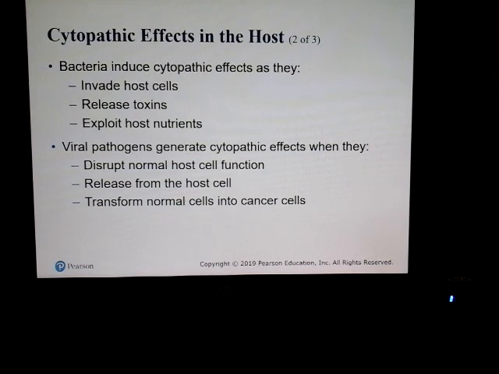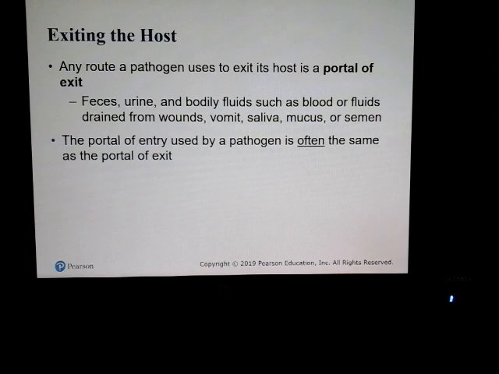The microbe invades our host cells, releases toxins, starts to eat up some of our nutrients. So bacteria can do that. Viruses can disrupt our cellular functions. They can get released from us. And in some cases, with oncoviruses, they will transform normal cells into cancerous types of cells.